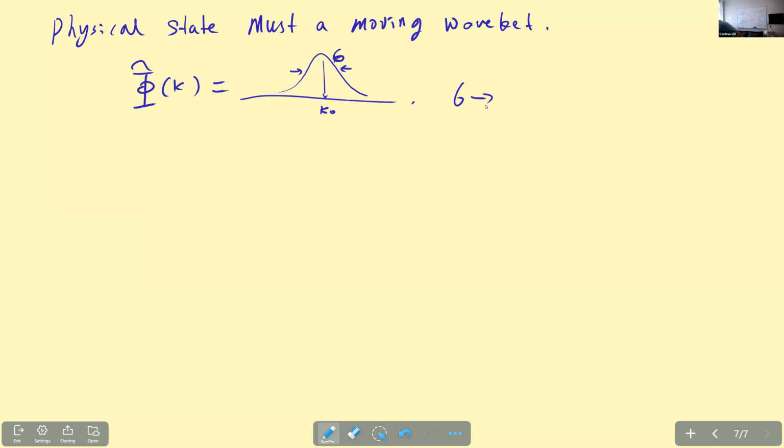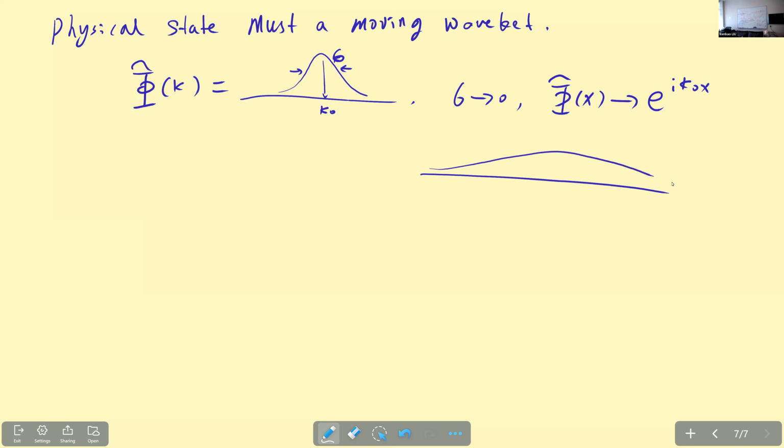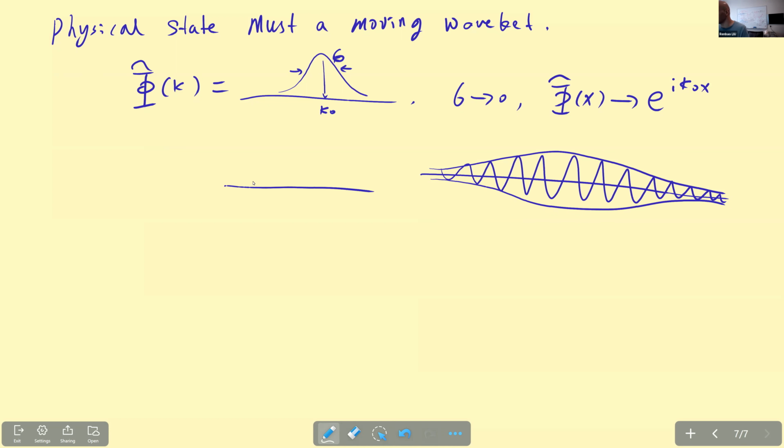Now if this sigma goes to 0, this x actually goes to almost like e to the i K0 x. So you can have a very broad plane wave. This will be better and better defined, with the wave vector approaching K0. If sigma is finite, you can have something like this one.